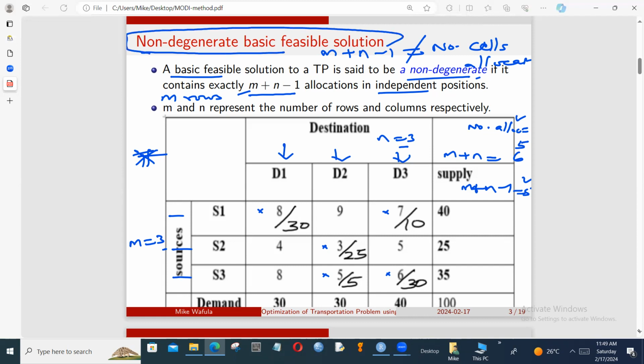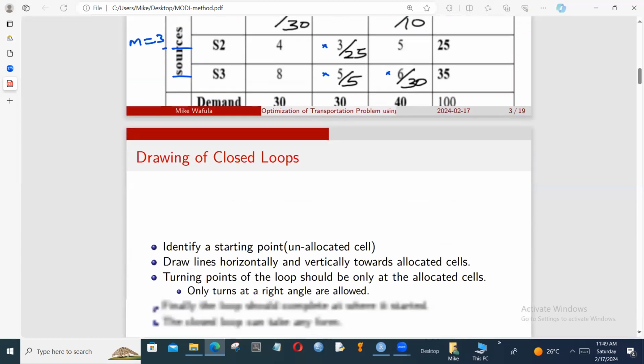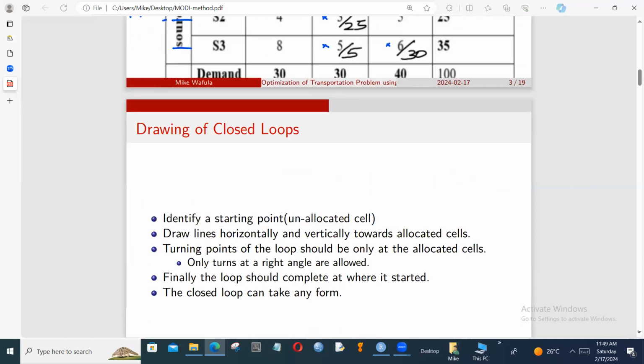So if the solution you have is not a non-degenerate one, then some adjustments will have to be made to convert it into non-degenerate before we are able to adopt the techniques of solving the transportation problem laid down in this literature. But that would be a rare scenario to encounter. So that's one concept that we need to understand.